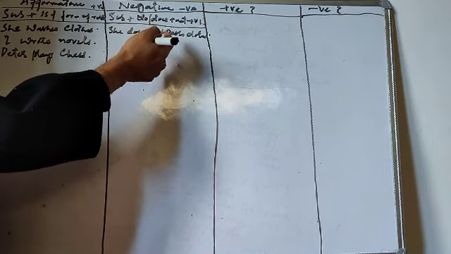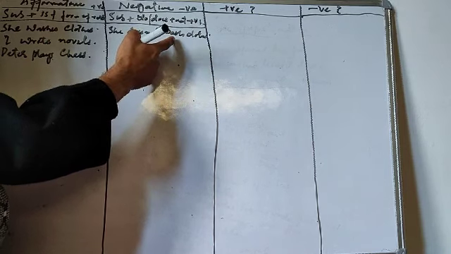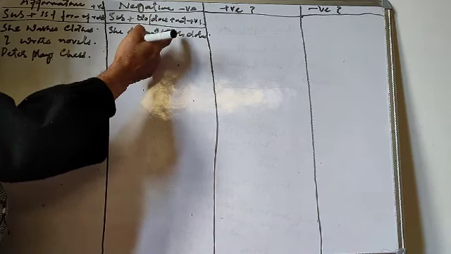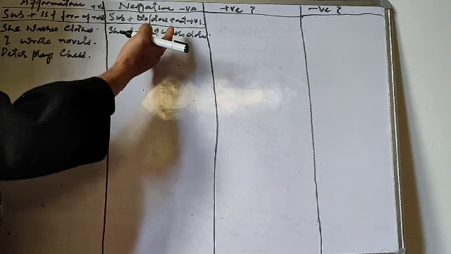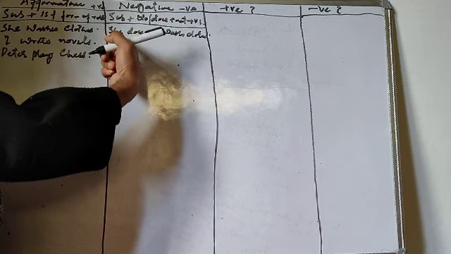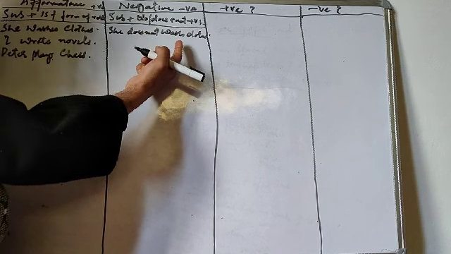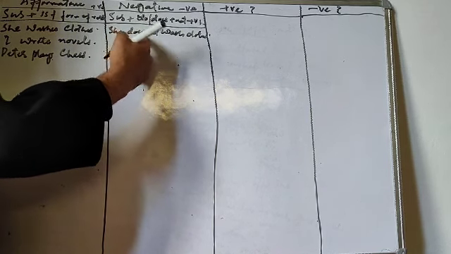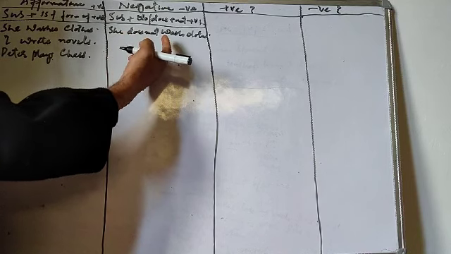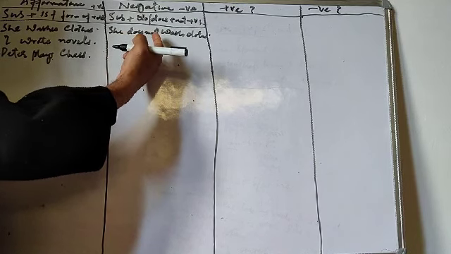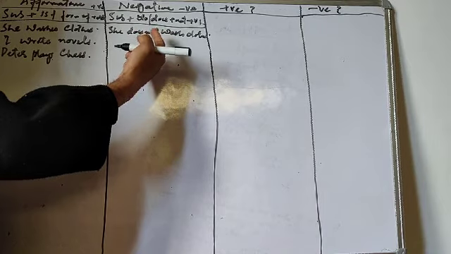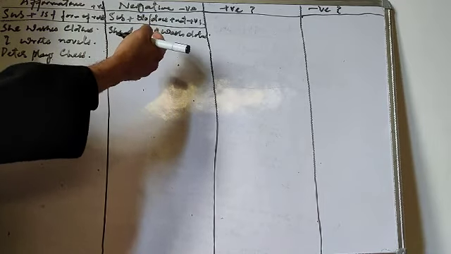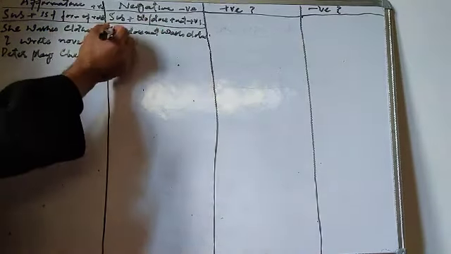Okay, most of the students make a mistake here. They write she does not washes clothes. Since you have used the concord once, you cannot use it twice, because you cannot use a rule twice in a sentence.